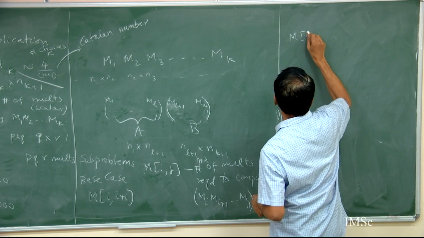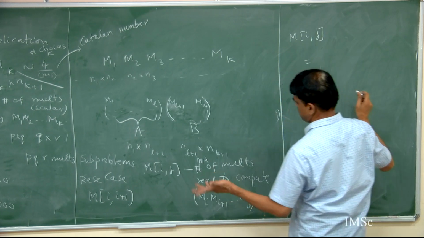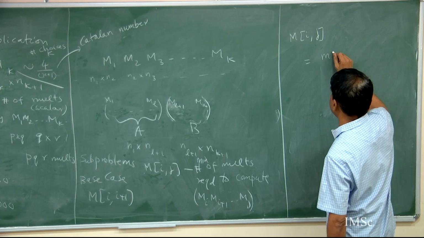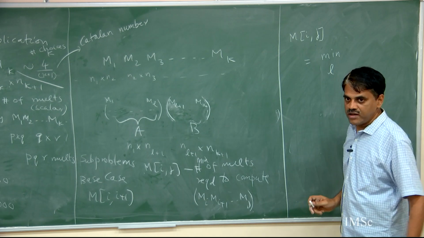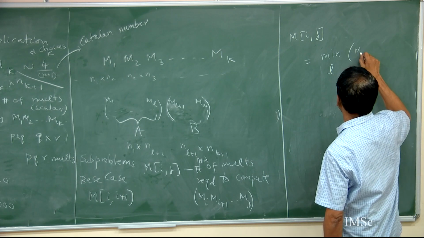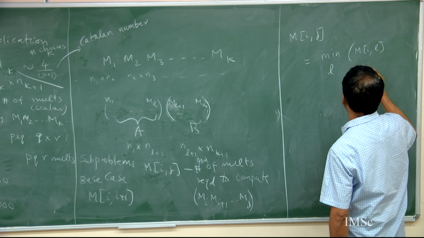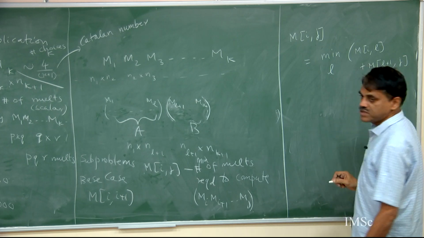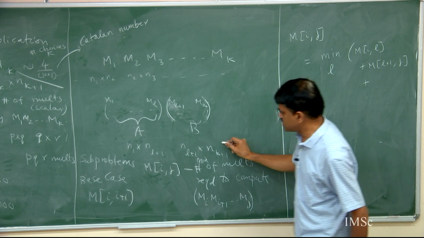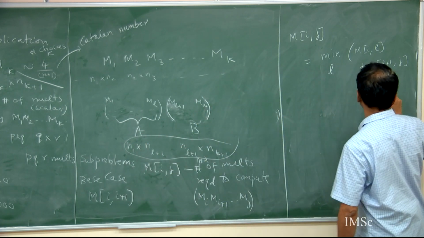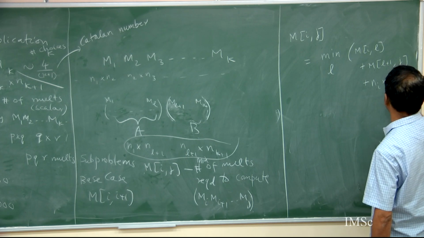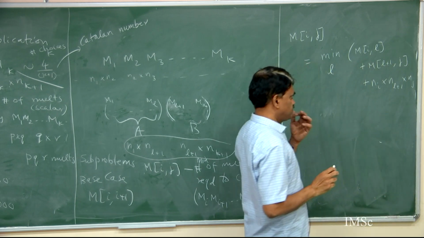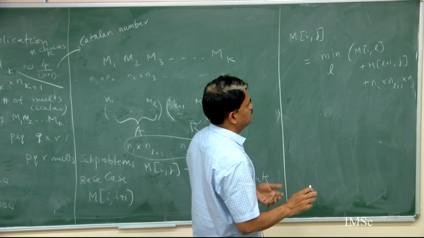M_ij, the best way to multiply i to j, would be the minimum over various values of L, the place to cut, of M_iL plus M_(L+1)j plus this thing, which would be N_i times N_(L+1) times N_(j+1).